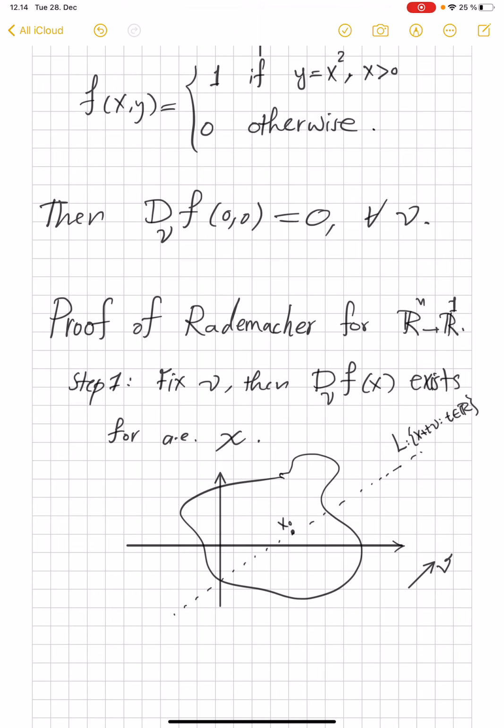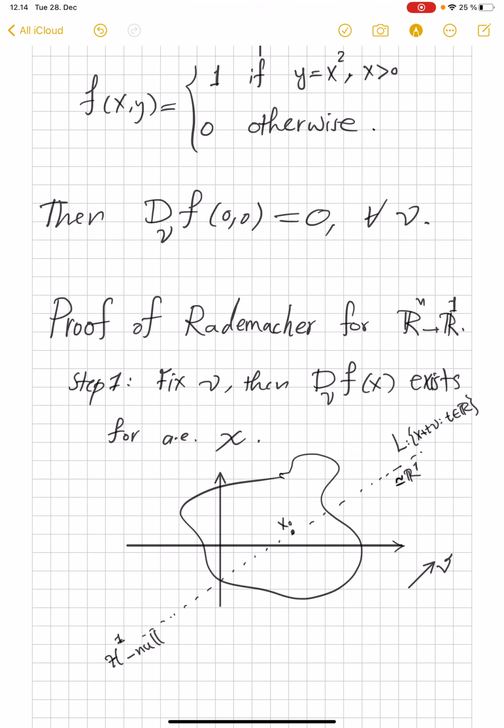If you restrict your function to this line, that gives you a Lipschitz function from R1, the copy here, which you identify with R1, into R1. And then you use the one-dimensional Rademacher to say that except for a null set, in this case, it will be H1, the Lebesgue one measure null set.